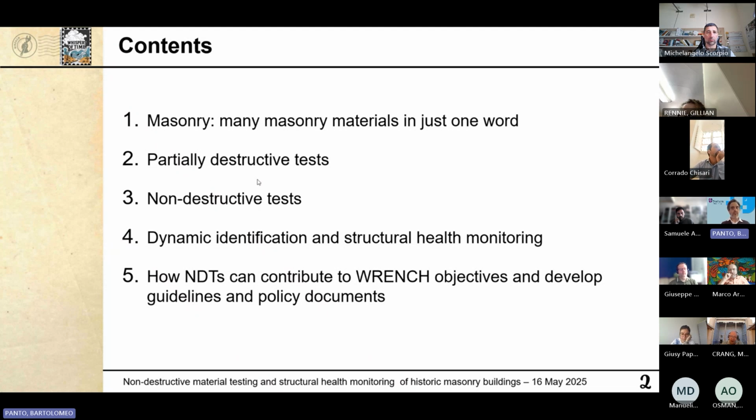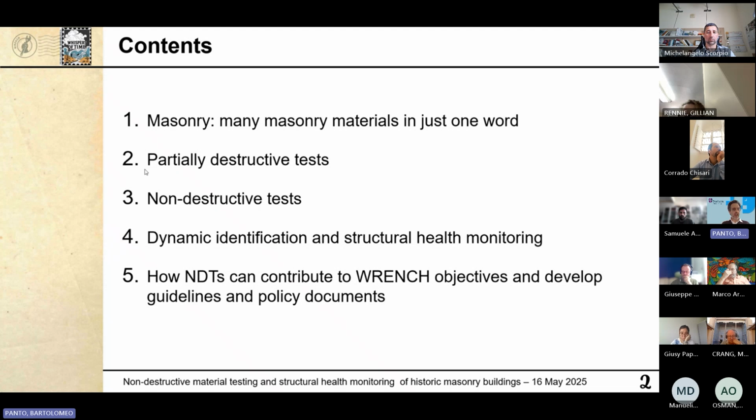Something could be overlapped or similar to what Corrado discussed, I think, two presentations ago when he spoke about numerical simulations. Actually, this presentation is complementary to these topics, because here the idea is to get parameters that can inform our numerical models.